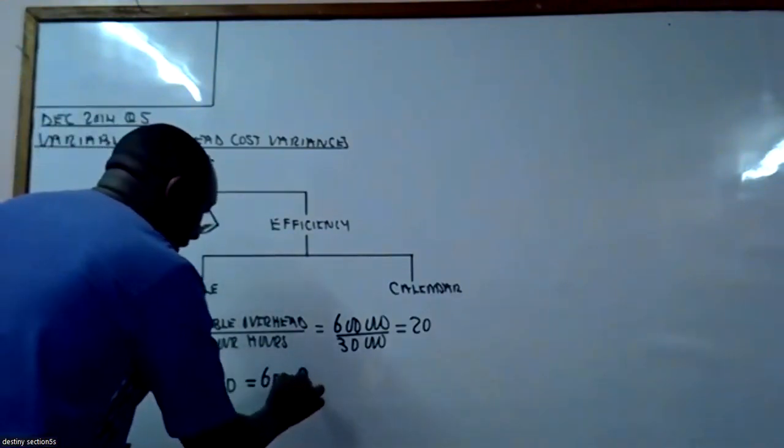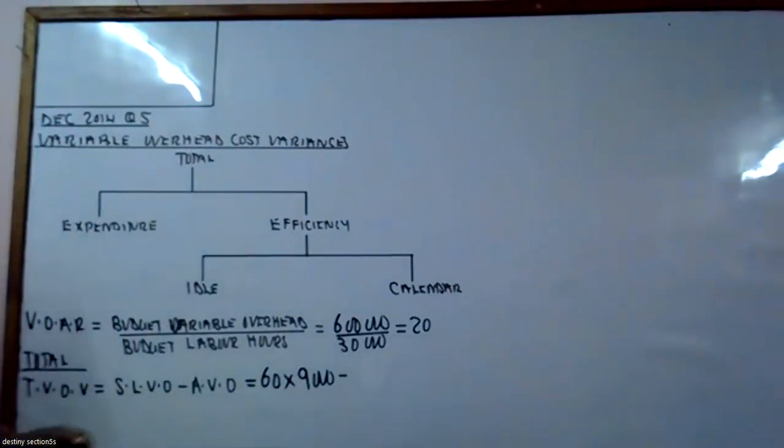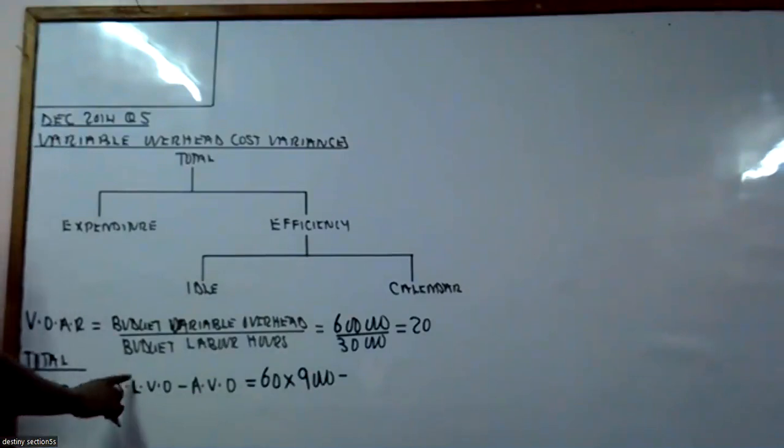So if you multiply by 9,000, that will give you the standard. Sorry, I don't know why I got this L. It should have been standard variable overheads. Standard variable overheads minus actual variable overheads.